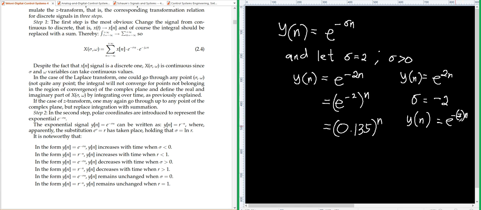So this is also negative, so the result here becomes positive. So e to the 2n, so yn is equal to e to the positive 2n. So that will become 7.39.